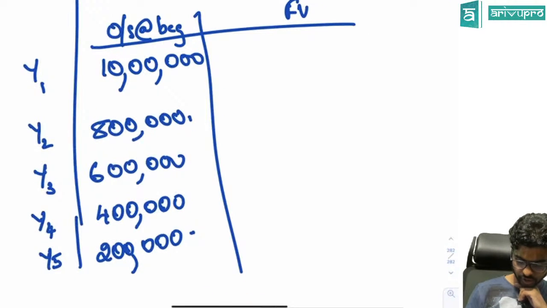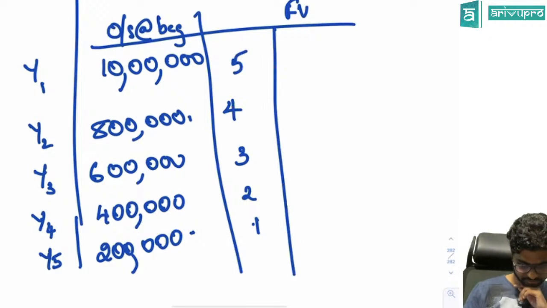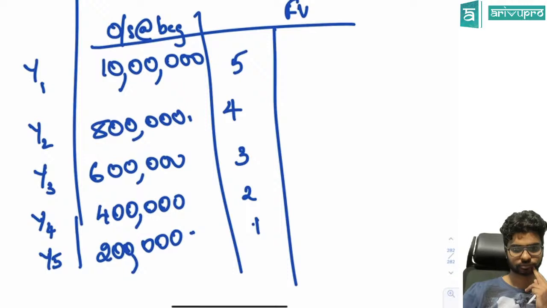Now find the ratio, going from top to bottom: 1, 2, 3, 4, 5. Correct.